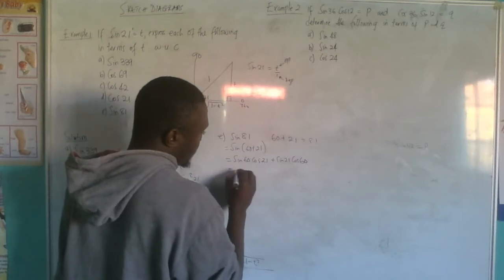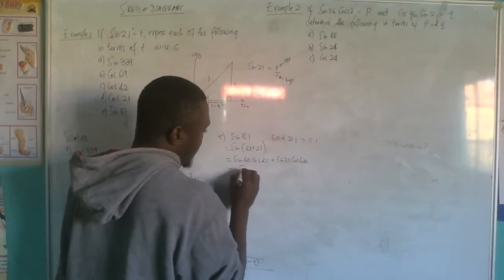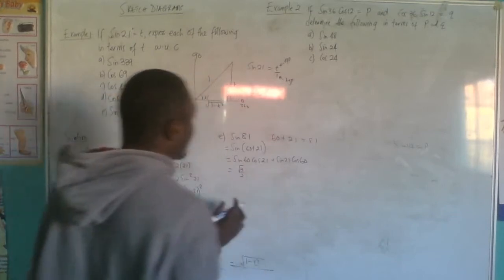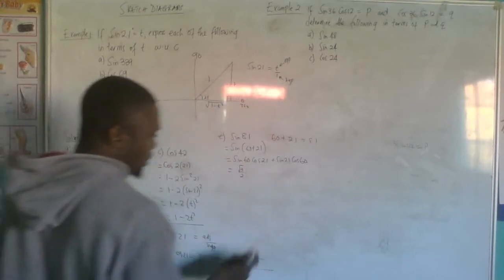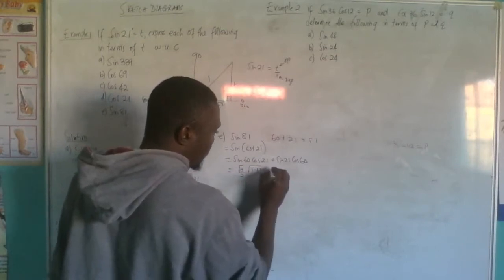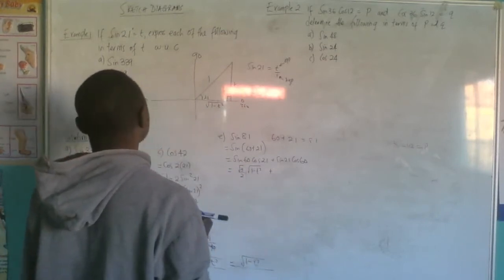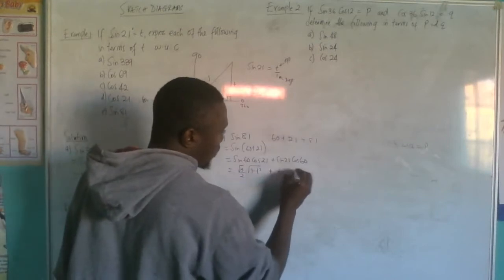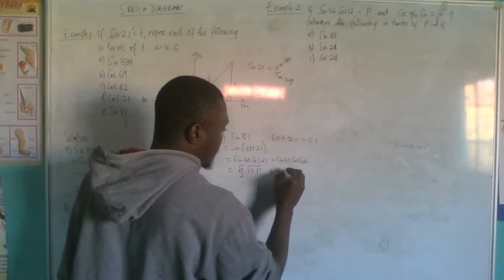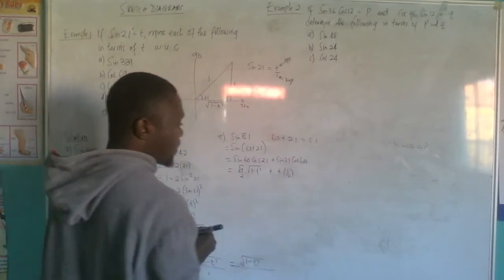Sine 60 is root 3 over 2. Then cos 21, we already found it, which was root of 1 minus t squared. Plus sine 21, which is t, and cos 60 is half from the special triangles.